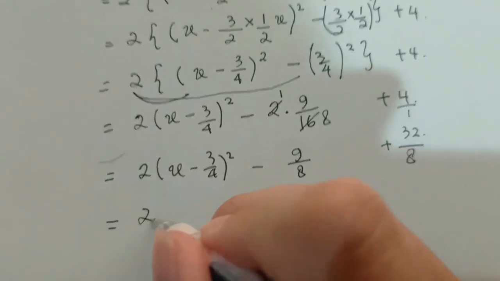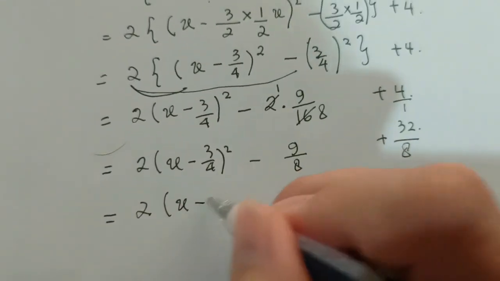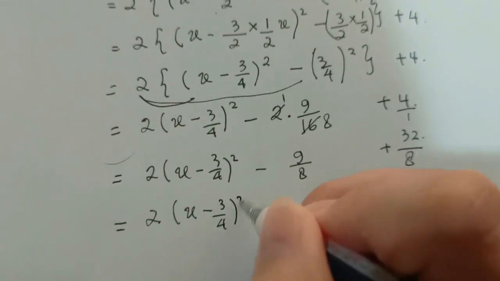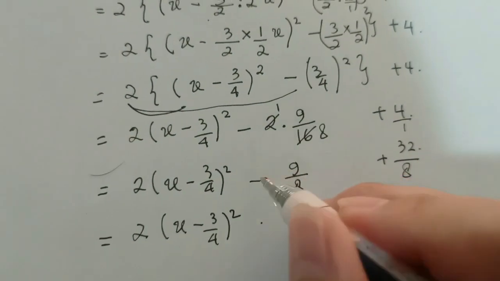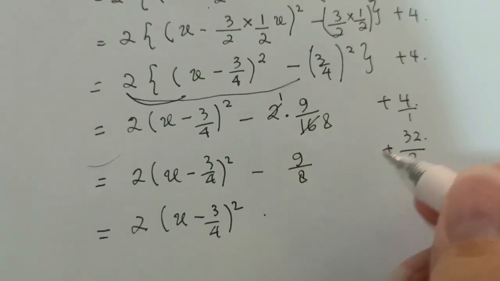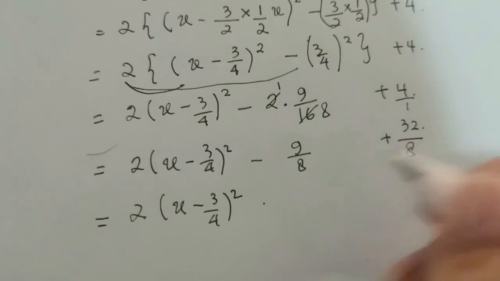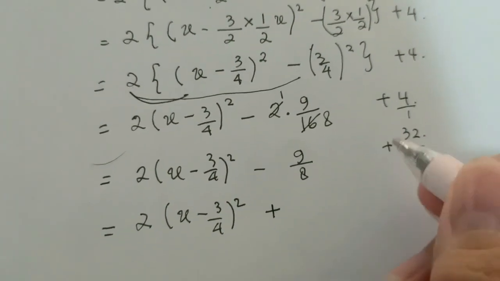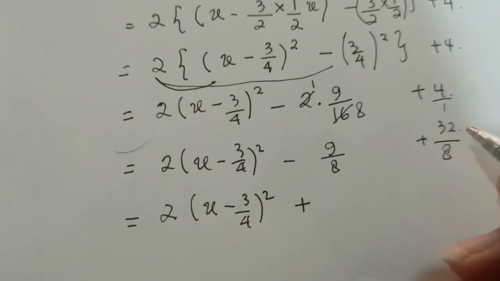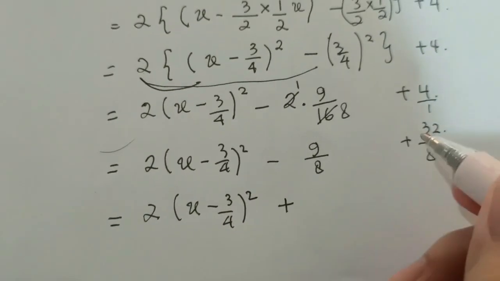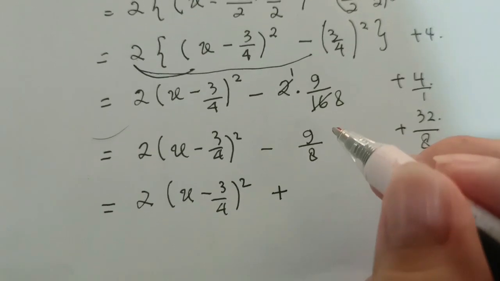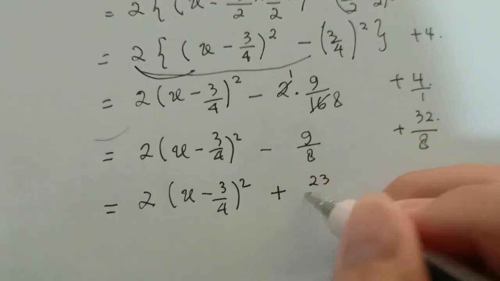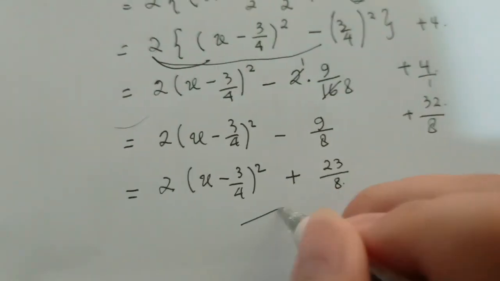Equal to 2 in the bracket x minus 3 per 4 quadrat, minus 9 per 8 plus 32 per 8. It will be plus because this plus is bigger, right? So 32 minus 9 becomes 23 per 8. That's it.